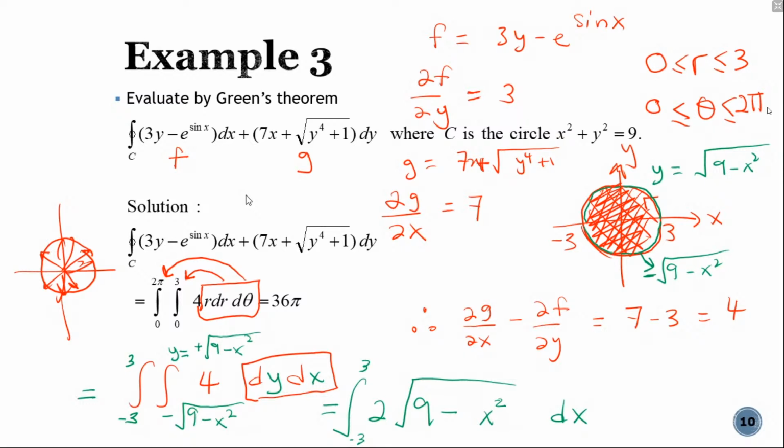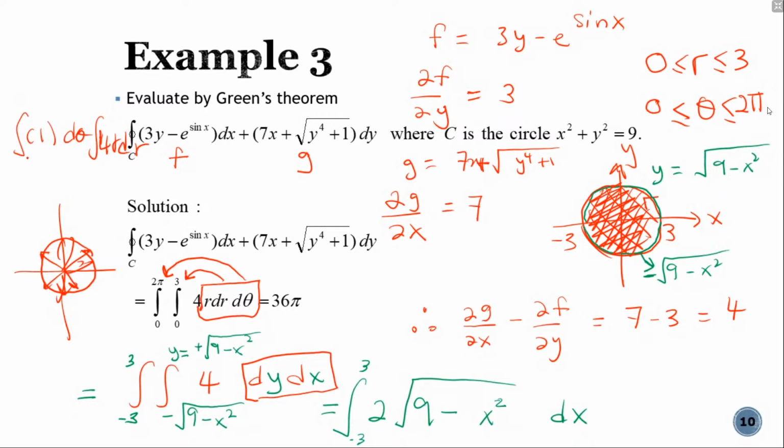For this question, you can directly integrate it. Here you can apply your split because you can split r and theta. So you can just integrate your 1 d theta, integrate your 4r dr. You can split.